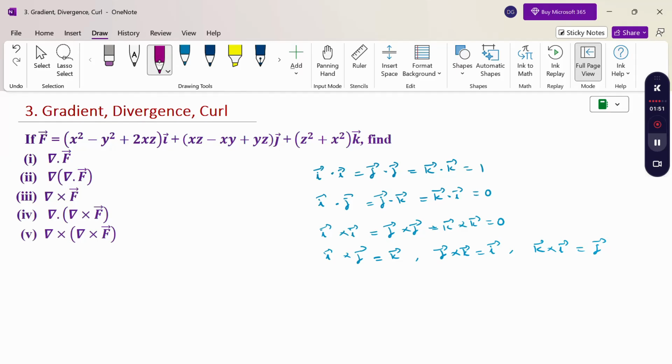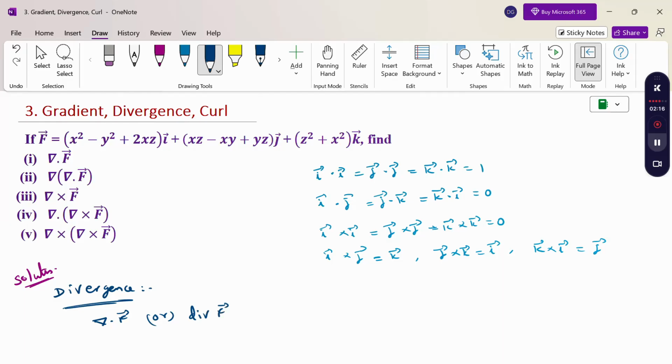Now first question: del dot f vector. Del dot f vector is nothing but the divergence, short form div f vector.